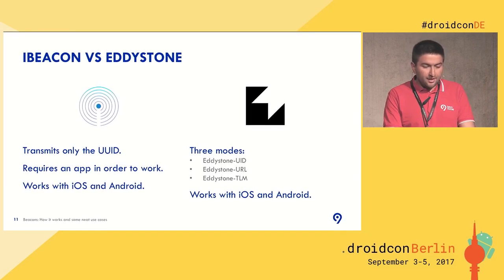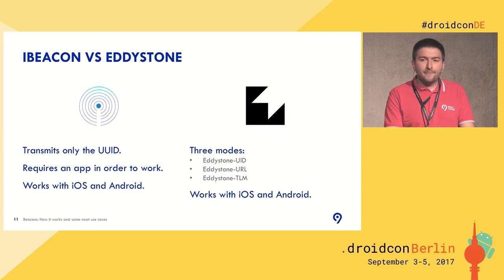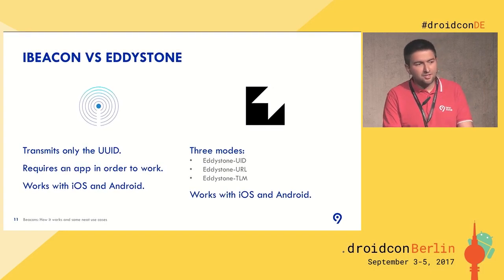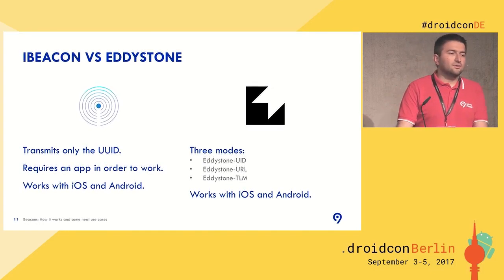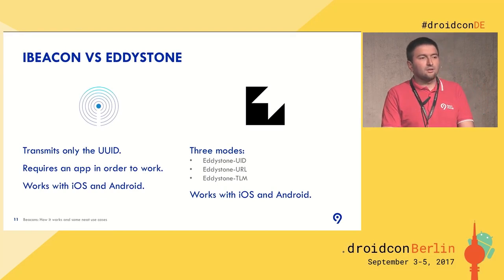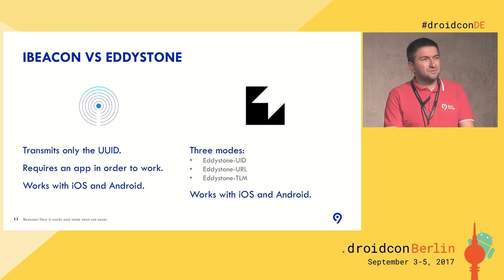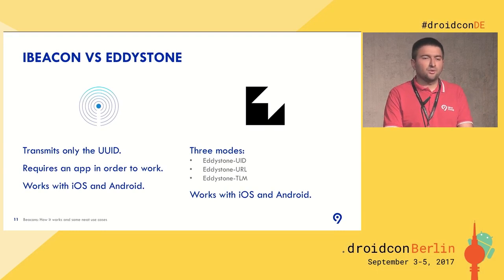And the last one, Eddystone telemetry. This one is a bit complex. It emits an ID, but also it emits some telemetry information. Some of these beacons have a temperature sensor or humidity sensor or even an accelerometer.